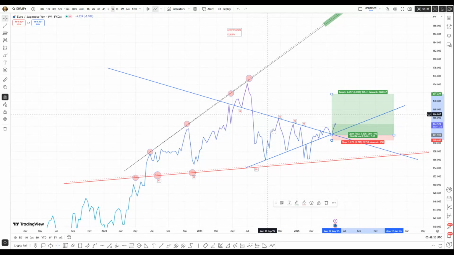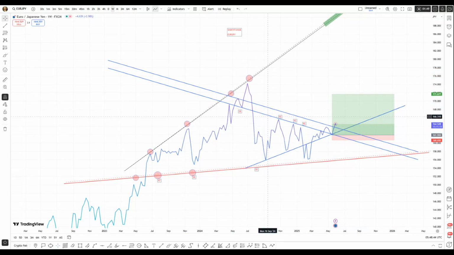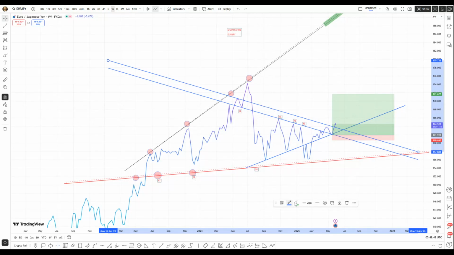And on this structure, we have another break of structure at this level. Using this trend angle as reference, it's also broken on a current week price rally.